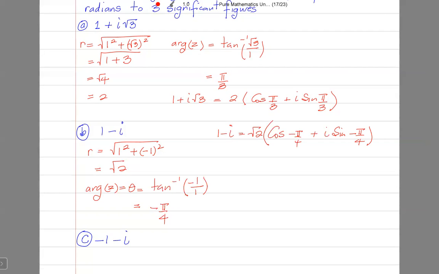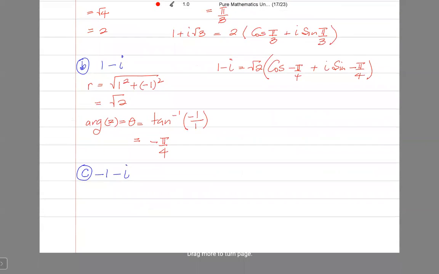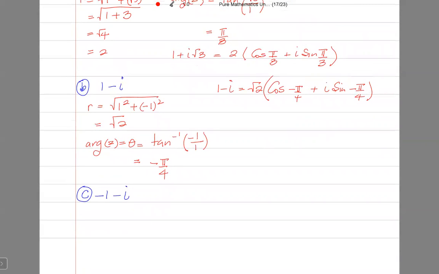Now let's go for C. For C, r is equal to the square root of (-1) squared plus (-1) squared. So this is the same as root 2.